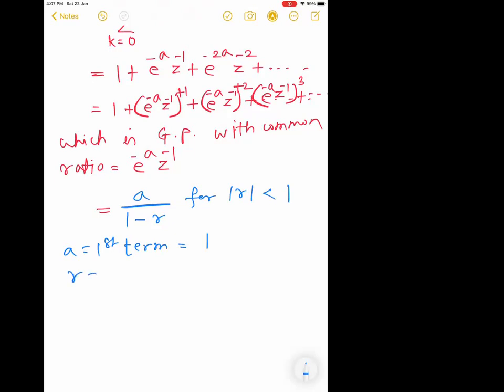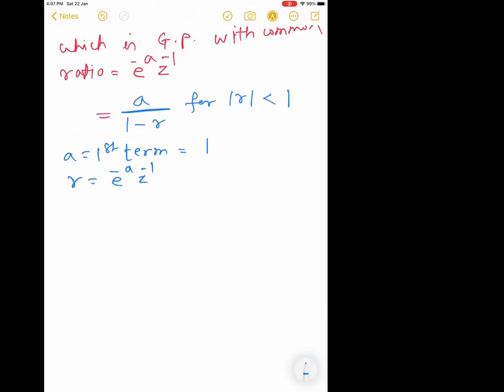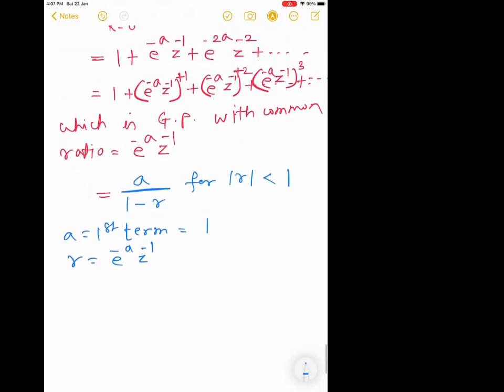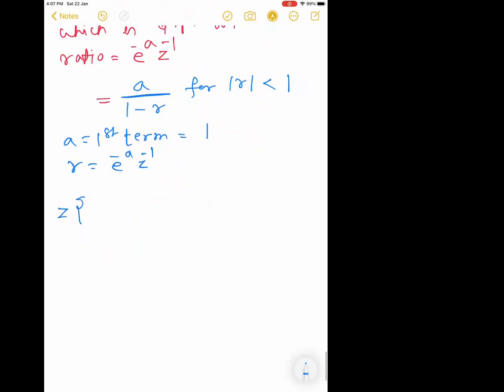And r is the common ratio, which is e raised to minus a z raised to minus 1. Therefore, our answer for the given Z transform of e raised to minus ak is equal to 1 upon 1 minus e raised to minus a z raised to minus 1 for mod e raised to minus a z raised to minus 1 less than 1.